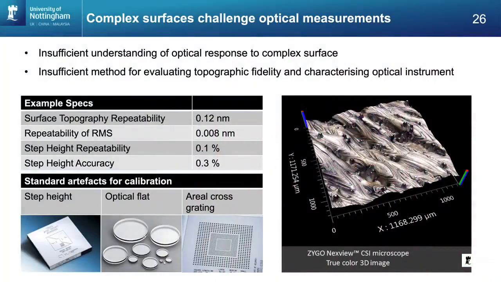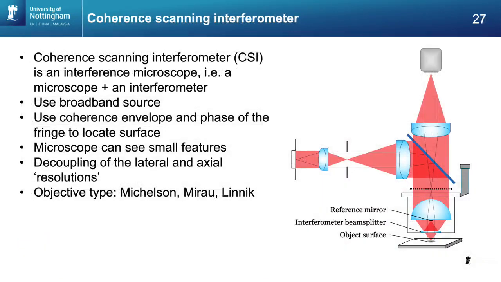So we mentioned already that understanding the optical response with complex surfaces is very difficult. The example instrument we're going to use is coherent scanning interferometer. I don't want to go into details of how it operates. It uses an interference microscope objective, and it effectively looks at the multiple wavelength fringe pattern that we get on the surface, and from that it can extract the height information.